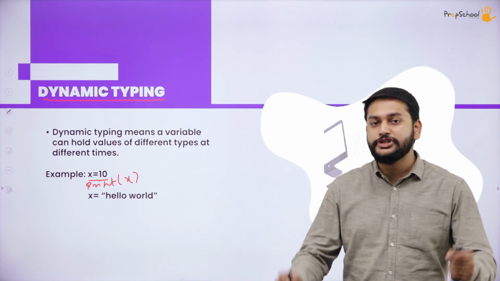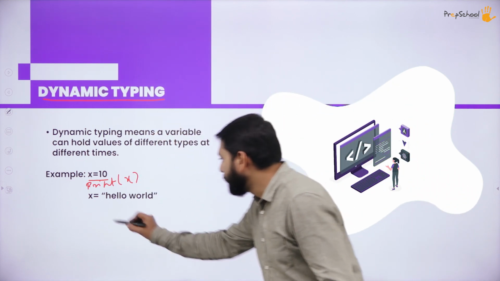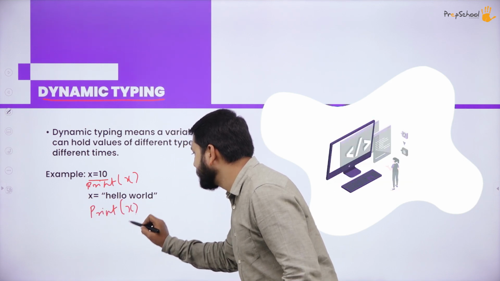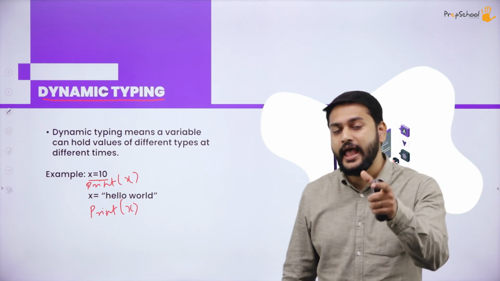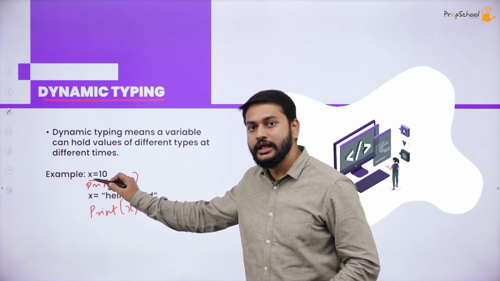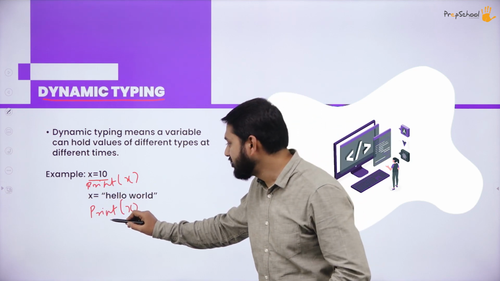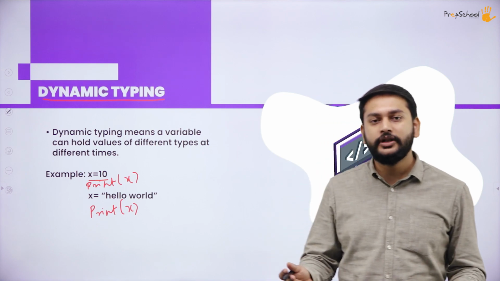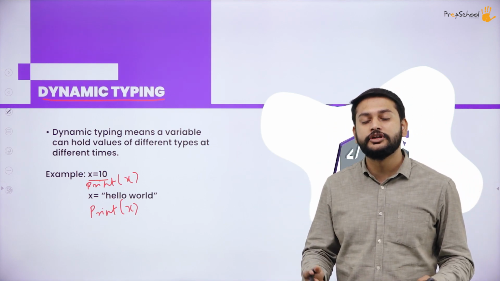It should print 10. Suppose I use a print statement here, print x, and now it will print hello world. Please understand, this variable was holding the integer data type and now this variable is holding the string. Is it possible in any other programming language? No, it is not possible.